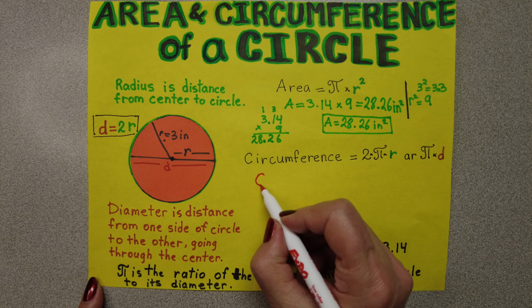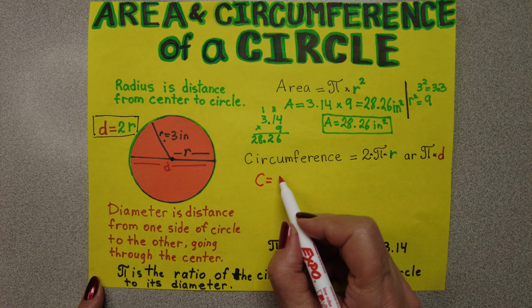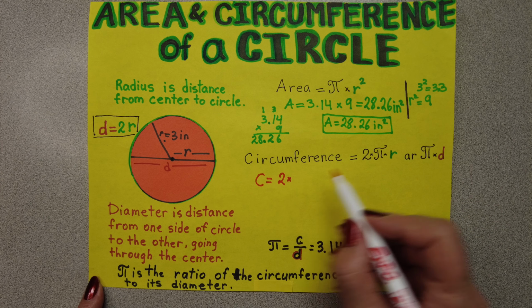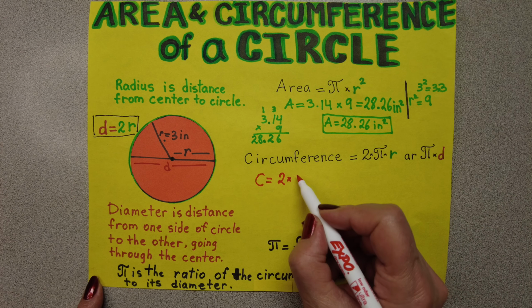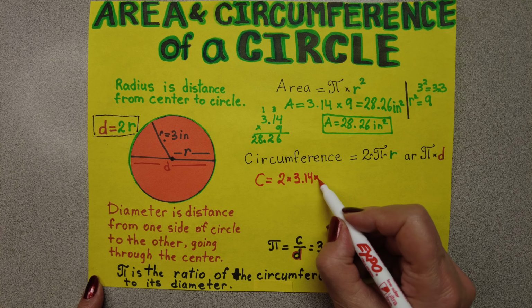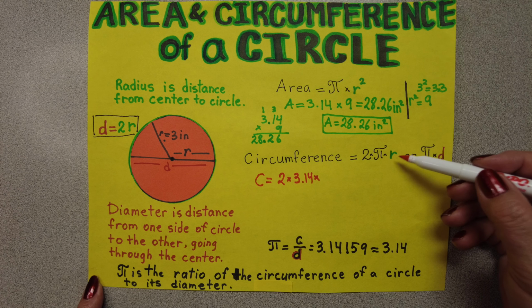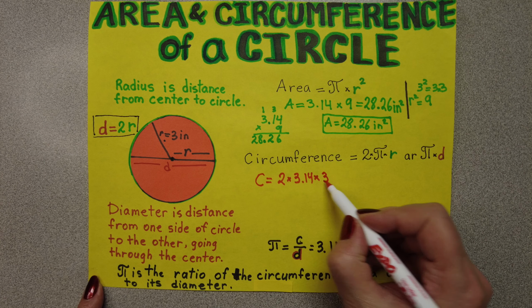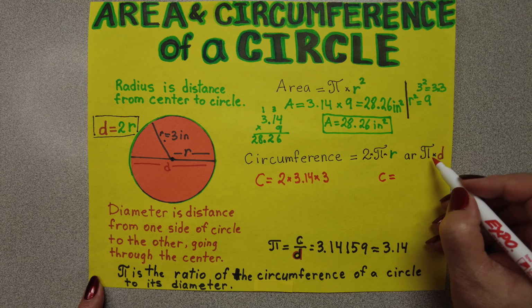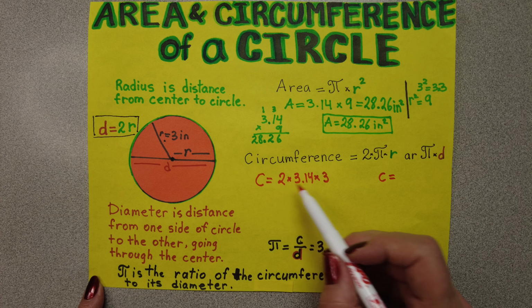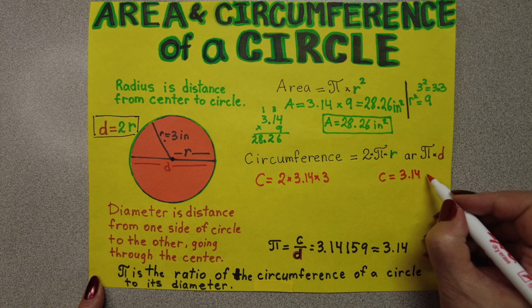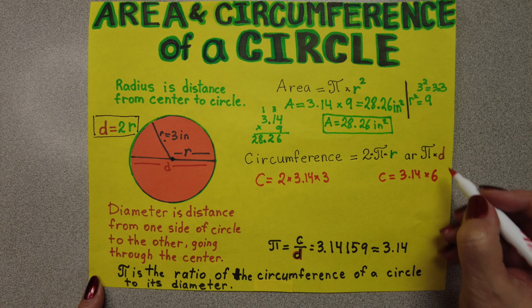So C, we call it C, equals 2 times pi, which is 3.14, times r, which is 3, or we could do it like this. C equals, instead of writing 2 times 3, we write pi, which is 3.14, times 6.